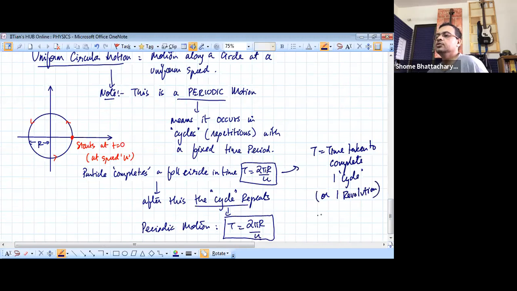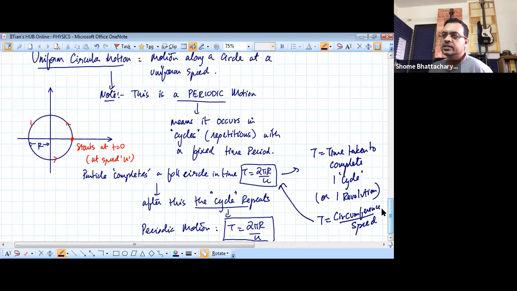Okay. So that should be equal to circumference upon speed. So that's how we are getting the formula, that it is 2 pi r upon u, and that becomes one of the important aspects of uniform circular motion. If I know the speed of the uniform circular motion and I know the radius of the circle, then I can find out the time period, that is the time taken to complete one cycle of the circular motion.